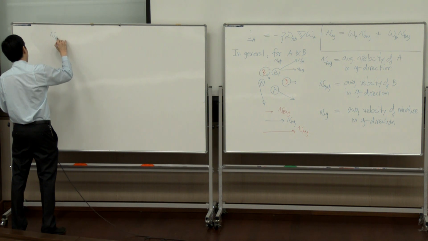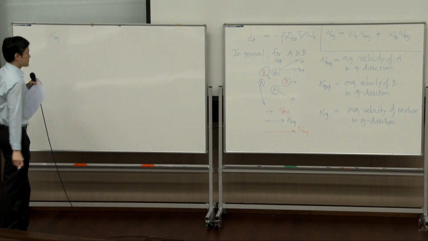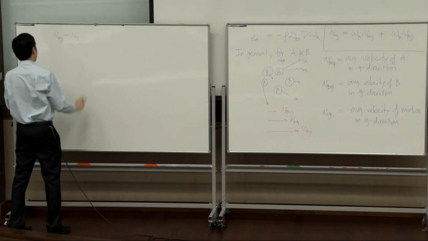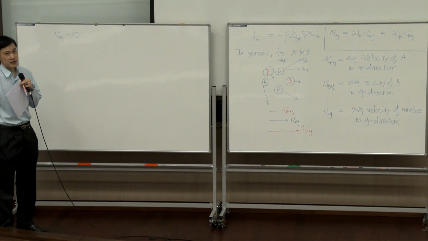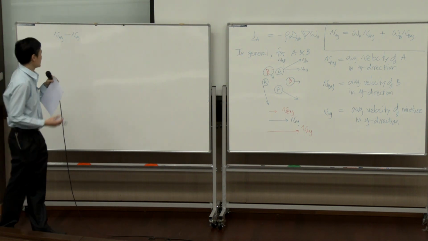If I take VAY, which is the average velocity of molecule A, subtracted by Vy, which is the average velocity of the mixture, what does it mean?